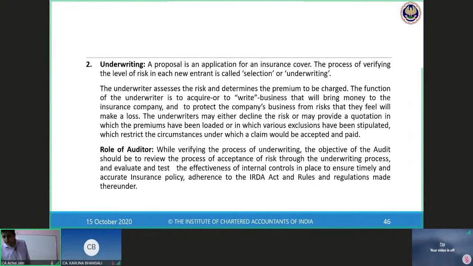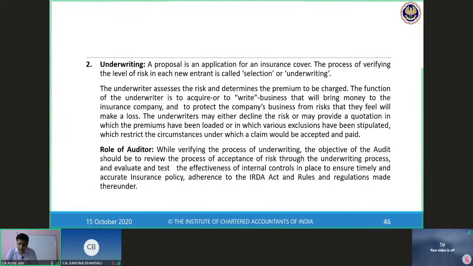Underwriting. Now let's understand what this underwriting process is. A proposal is an application for an insurance cover. The process of verifying the level of risk in each new entrant is called selection or underwriting. So the underwriter assesses the risk and determines the premium to be charged.